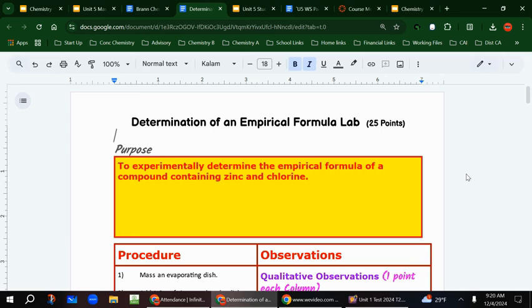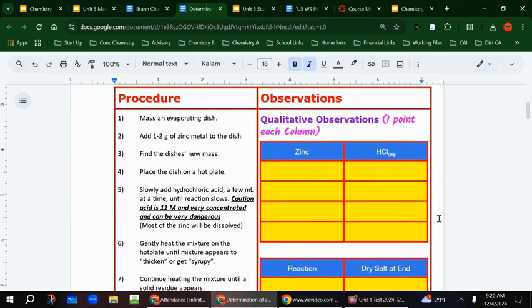You have a container that has some zinc metal in it. And then you have a pipette that you are going to put into the acid. Okay? Now, you need to make observations in this lab that are qualitative and that are quantitative. So let's take a look at our procedure. Mass the evaporating dish.